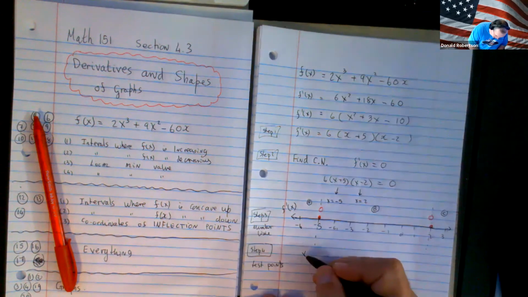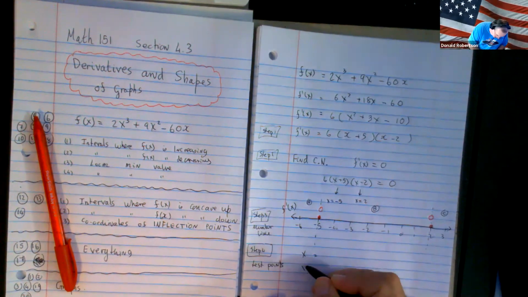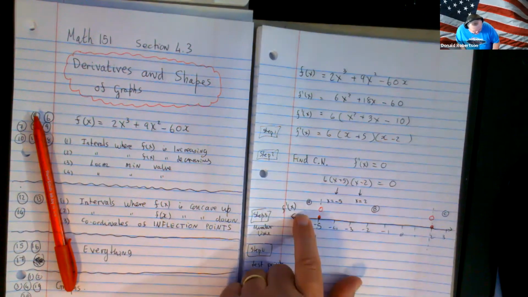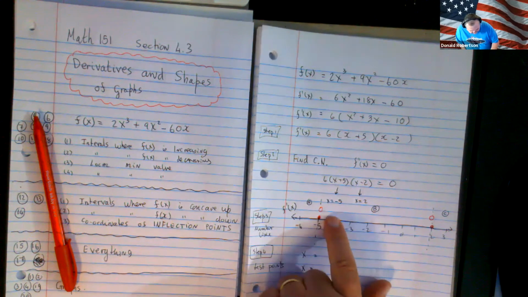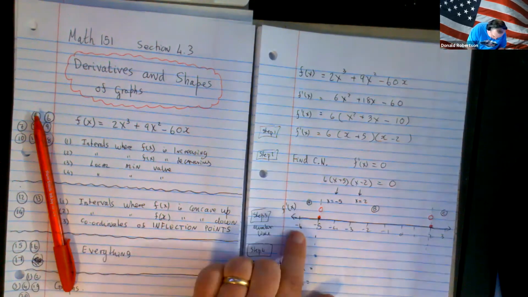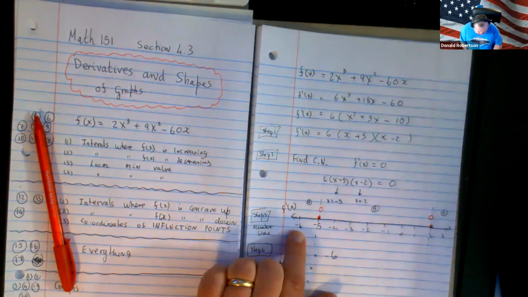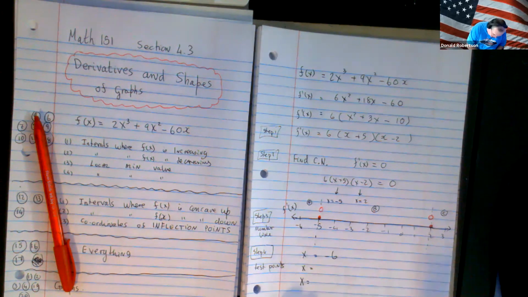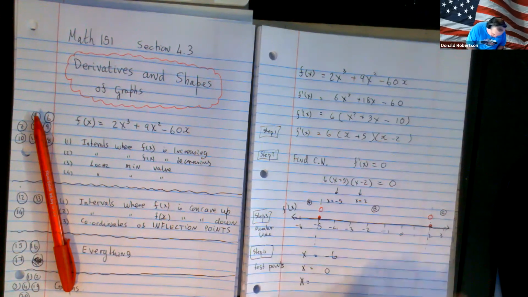And when I say pick test points, what I'm looking for here is a value of x in region A, a different test point in region B, and a third one in C. Well, over here, I think I'm going to pick -6. Anything between here and here is good. I'm going to pick 0 and then pick 3.